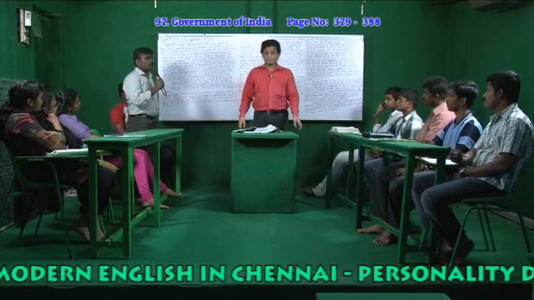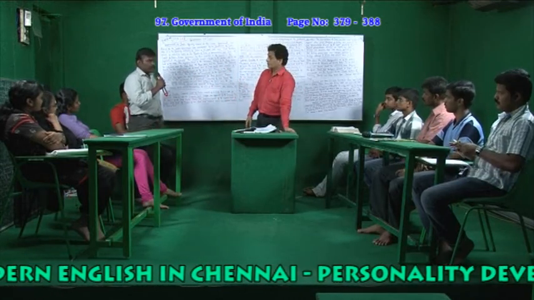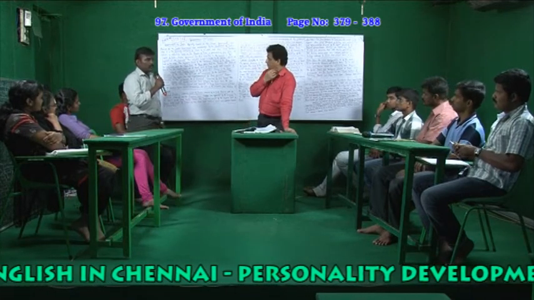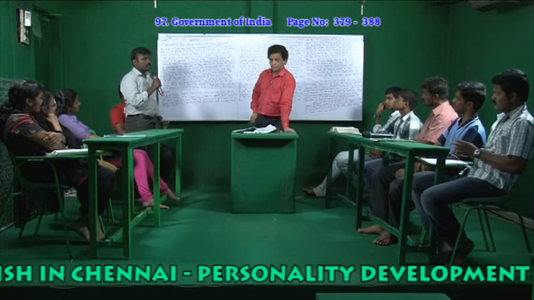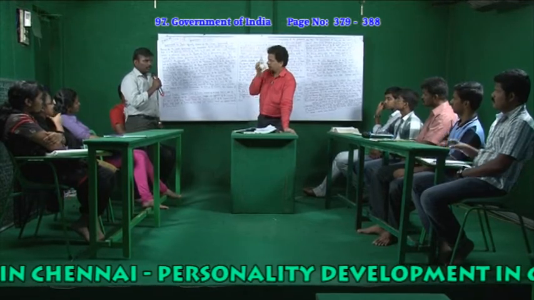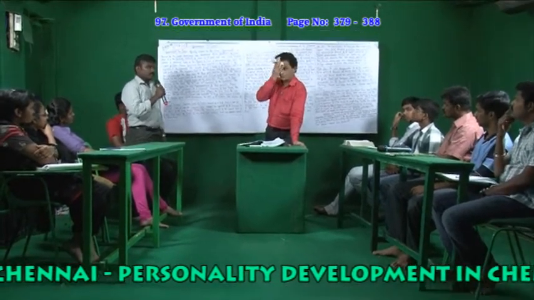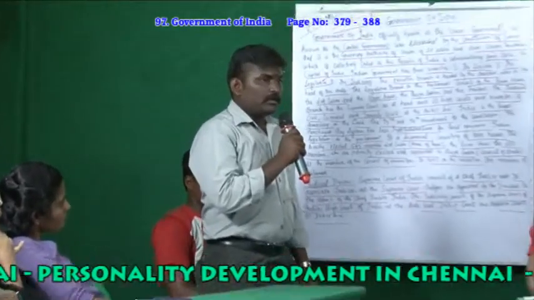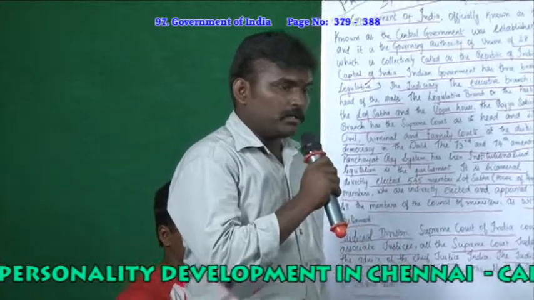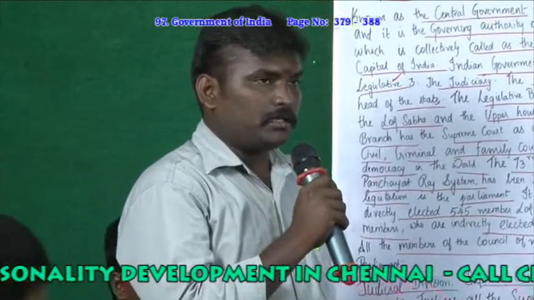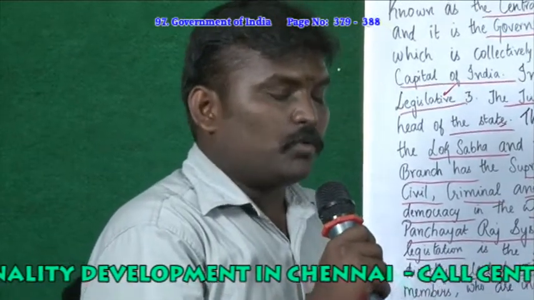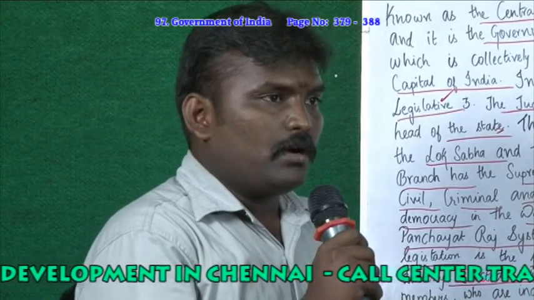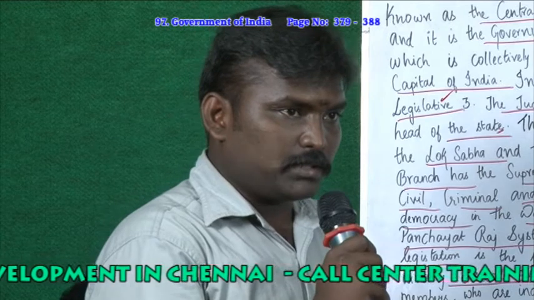Good evening. I am going to speak about the Indian government. The Indian government is officially known as the Union Government of India, and is also known as the Central Government of India. It governs from Delhi, the capital of India. Under the central government, India has 28 states and 7 union territories. India has 3 branches.